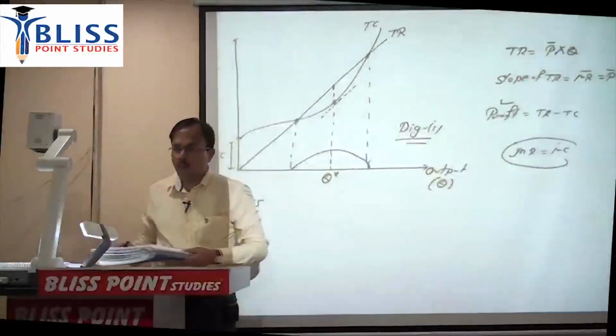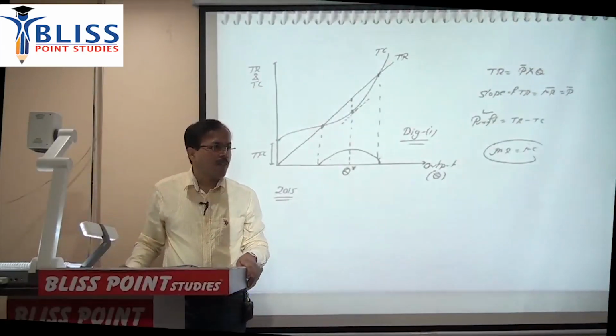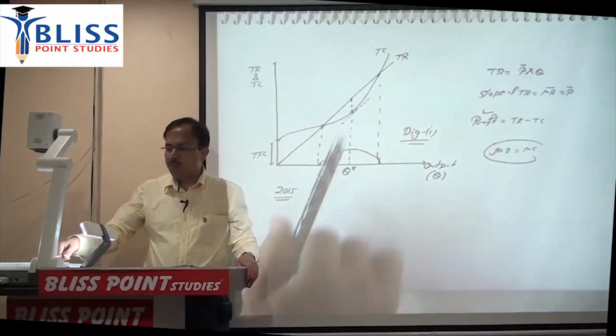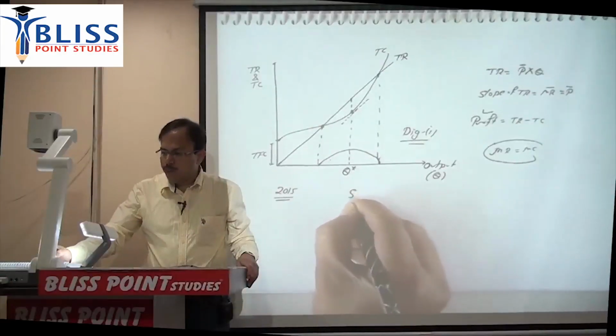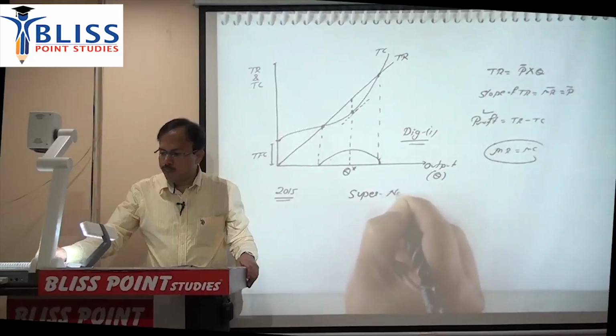So this is the diagram. In this diagram there is no use of average cost curve, and this diagram is showing what? Profit, and within profit it is supernormal profit. So first description.